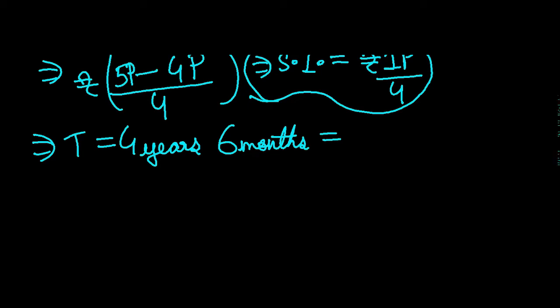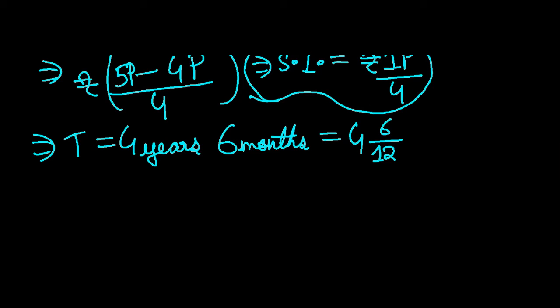So 4 years and 6 months will be written like this: 4 6 by 12. We have to divide it by 12 as it is talking about years, and 1 year is equal to 12 months. So 4 years and 6 months by 12.